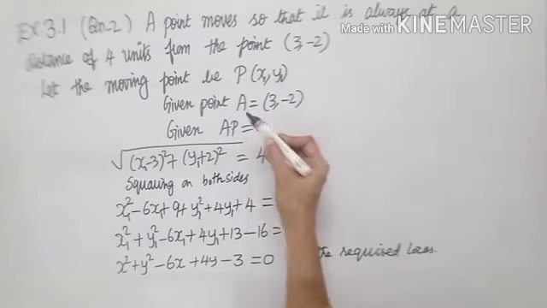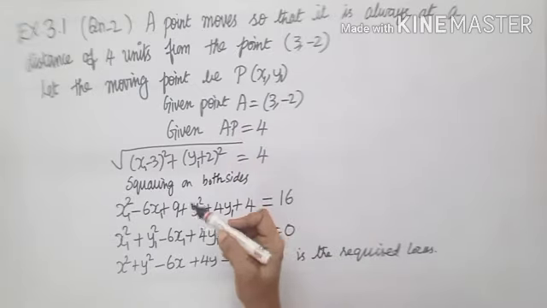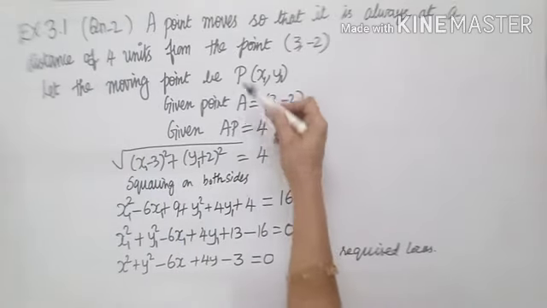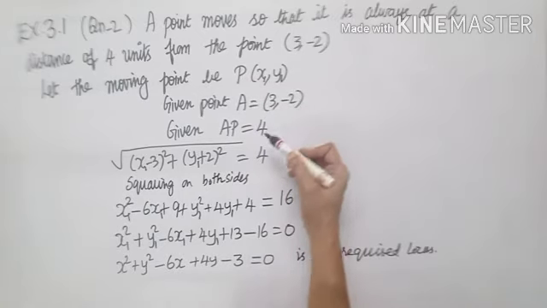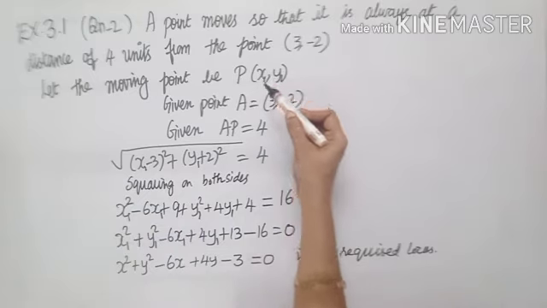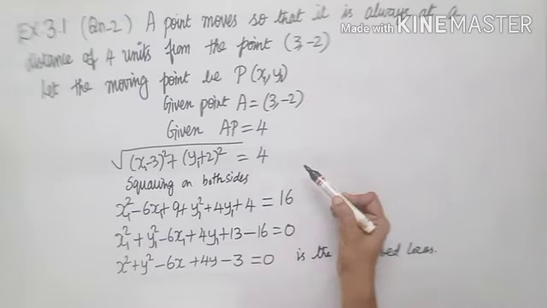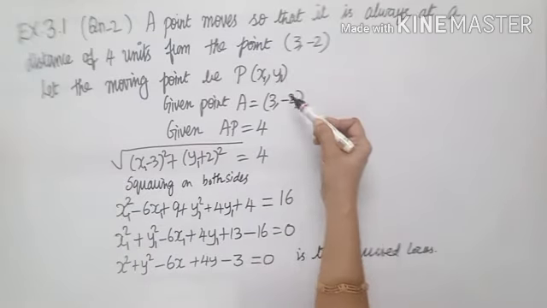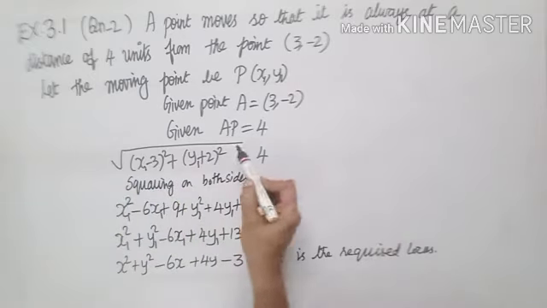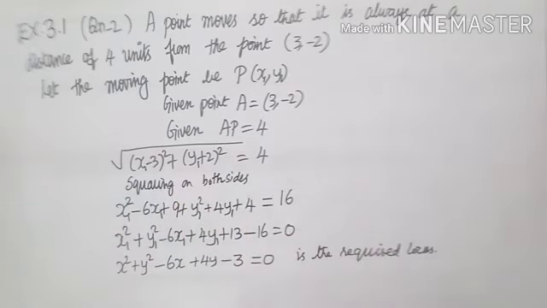Call it A. The condition is distance of 4 from the point. So AP, the distance, equals 4. Use the distance formula: root of (x1 minus 3) the whole square plus (y1 minus of minus 2, which is plus 2) the whole square equals 4.